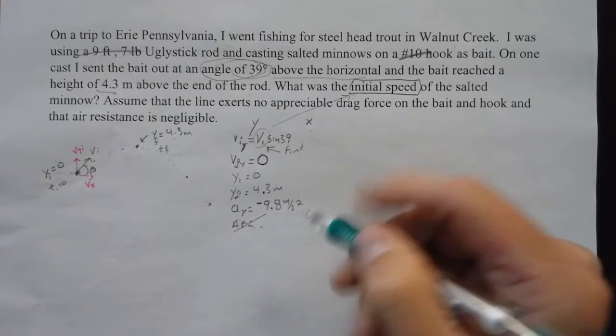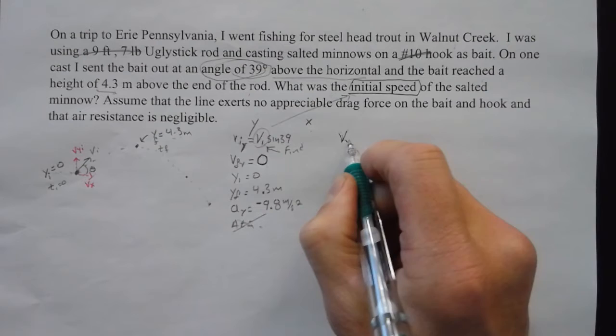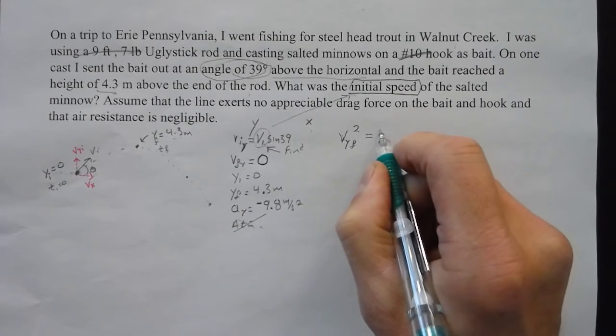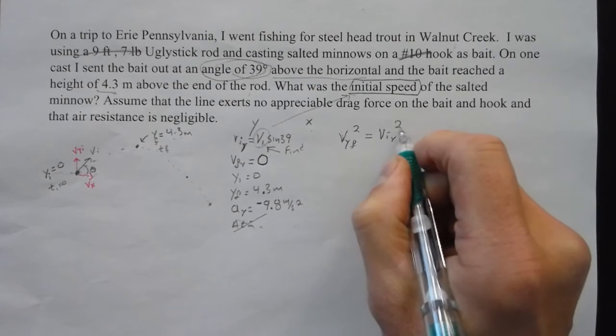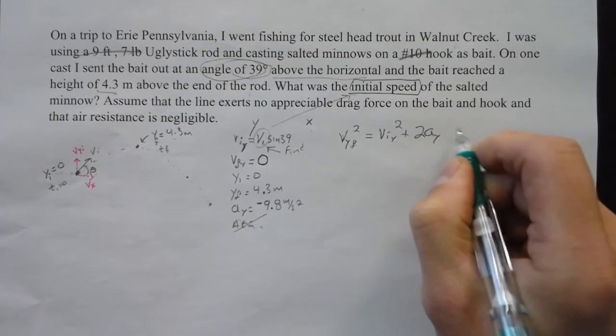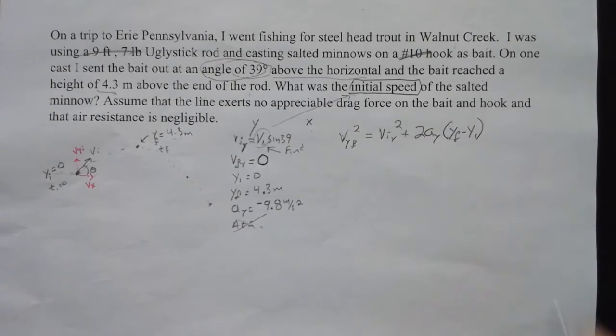So I'm going to try that. Now the equation without time is V final y squared equals V initial y squared plus 2 a_y times y final minus y initial. The change in y.